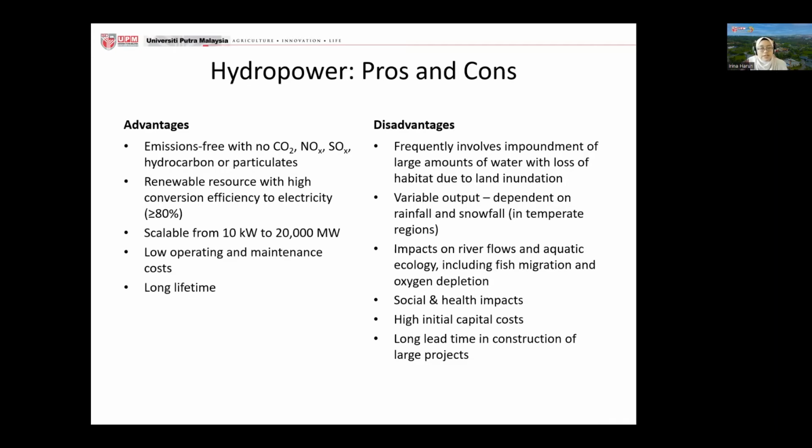Of course, there are advantages and disadvantages. First and foremost, for its advantage, it is emission-free. There's no CO2, no SOx, NOx, no hydrocarbons, no particulates whatsoever. It has a very high conversion efficiency, more than 80%, and it is scalable depending on where it is located.